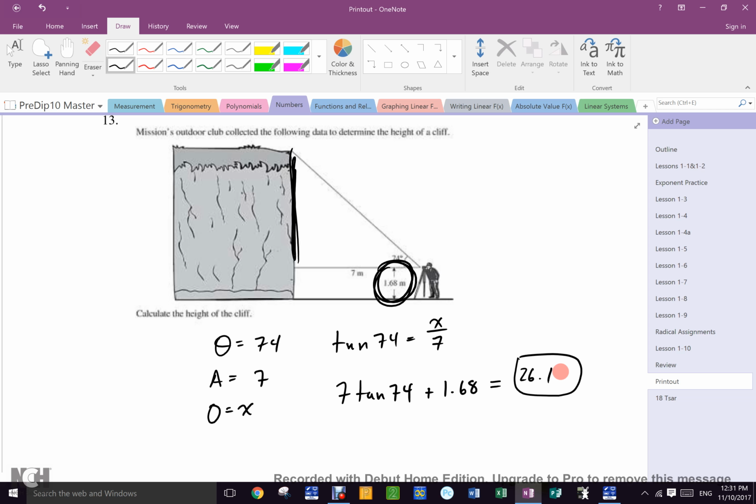And then in the red, you had tan 68 equaled x opposite over 35 over cos 36.